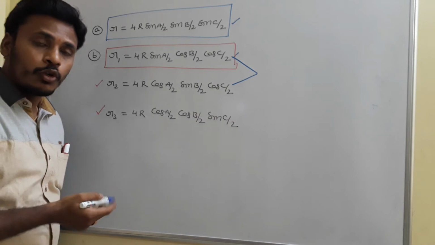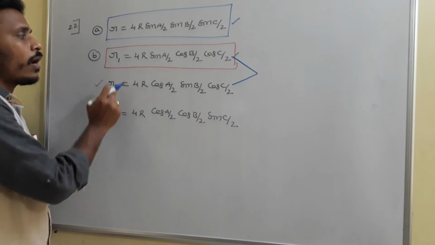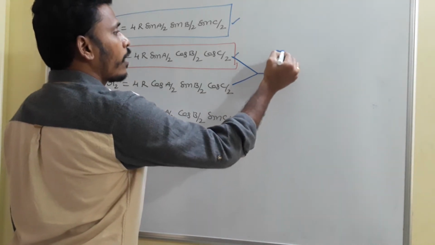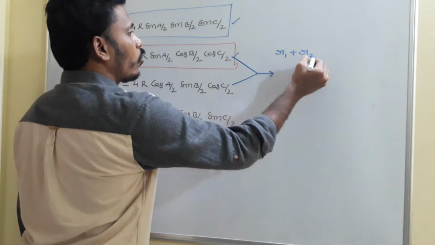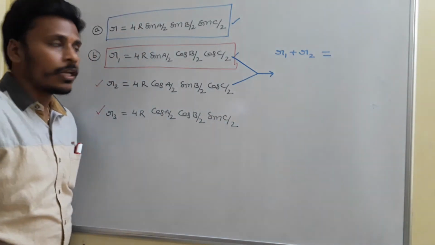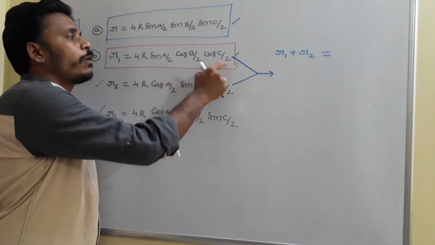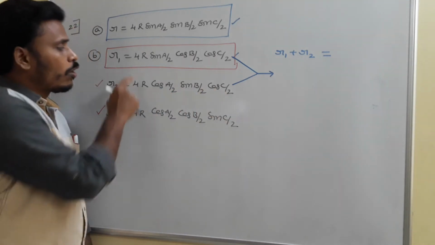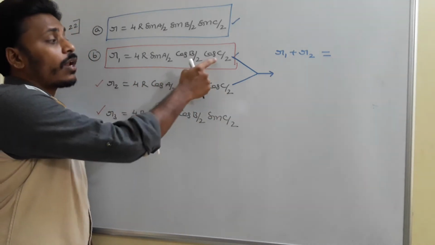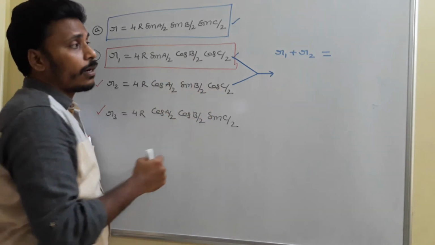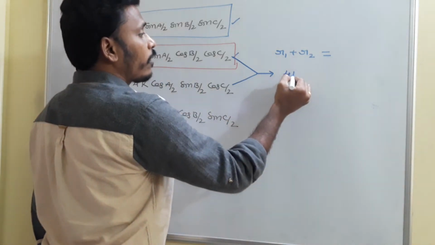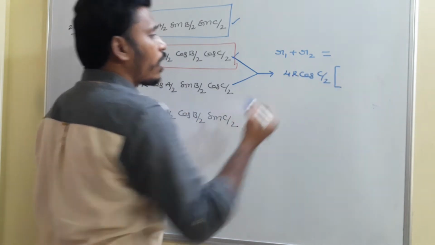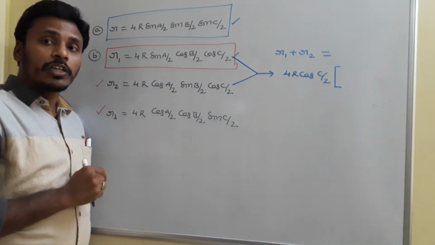R1 plus r2 is equal to 4r sin a by 2 cos b by 2 cos c by 2 plus 4r cos a by 2 sin b by 2 cos c by 2. 4r is a common number as well as cos c by 2 is also a common number. So you need to take out that 4r cos c by 2 as common.